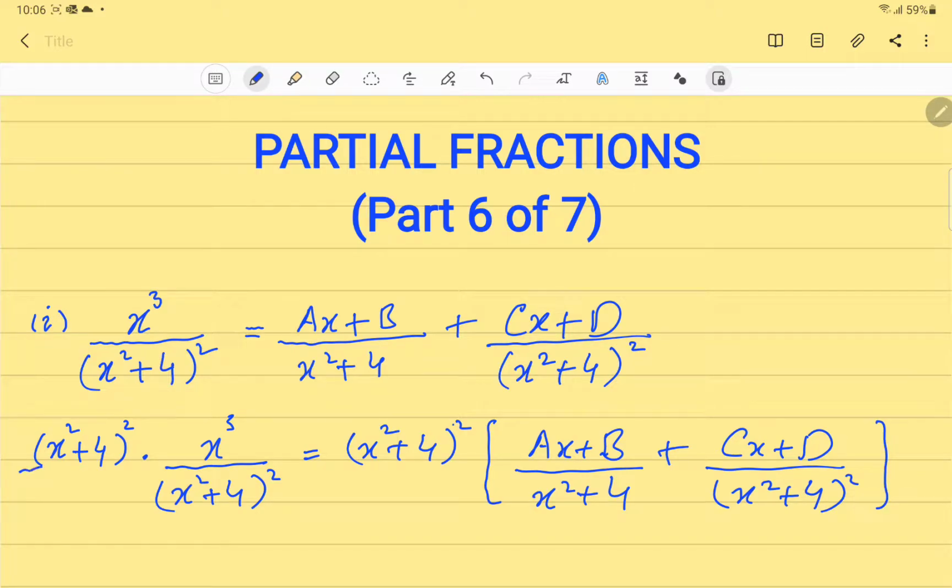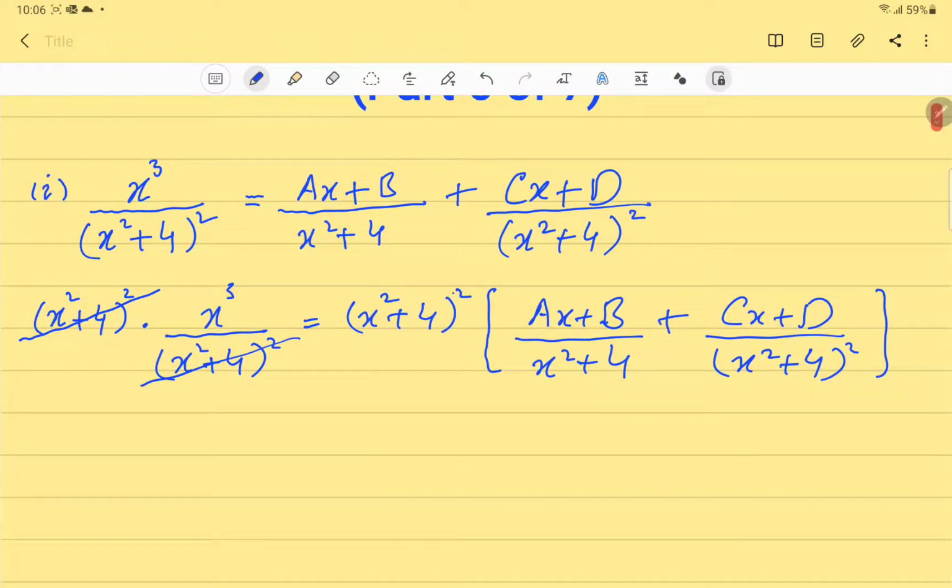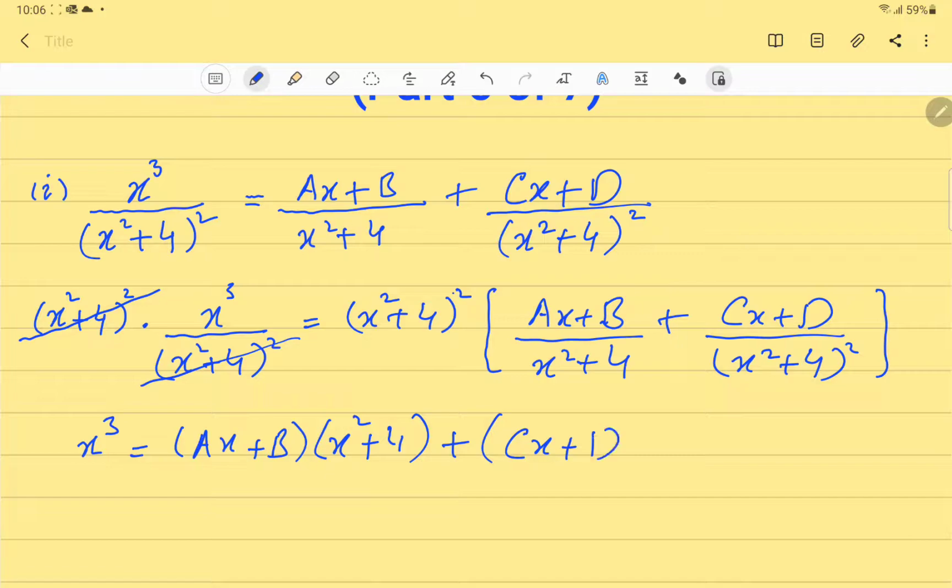So this expression will cancel with this one, and we are left with x cubed is equal to, multiplying x squared plus 4 whole squared with both the terms inside the bracket, ax plus b into x squared plus 4 plus cx plus d.